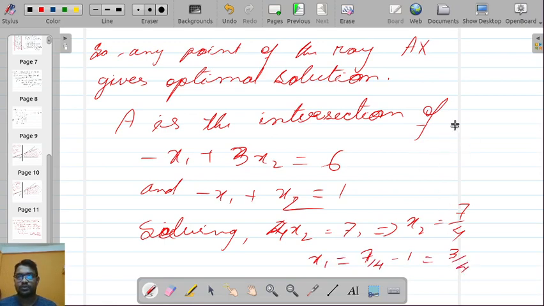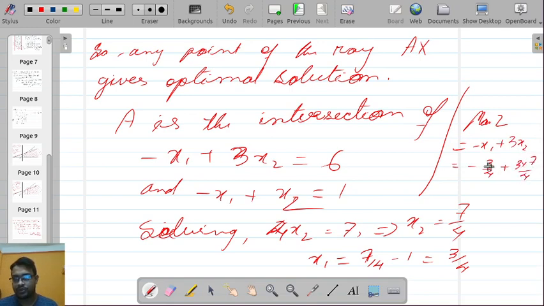So the maximum value of z, what is it? It will be minus x1 plus 3x2, right? So this is minus of 3 by 4 plus 3 into 7 by 4. So it's 21 minus 3, 21 minus 3 is 18, 18 by 4. Oh, sorry, I made a mistake here.